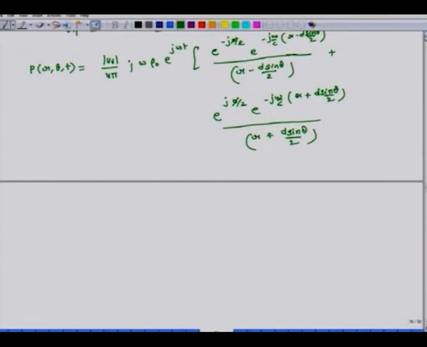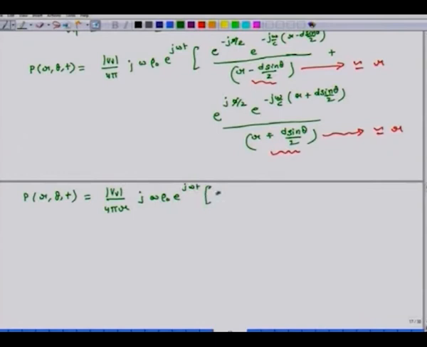One simplification is that this denominator is approximately equal to R. Similarly, this denominator is also approximately equal to R. So, what I get is P(R, theta, t) equals V v over 4 pi R times j omega rho naught e^(j omega t) times [e^(minus j phi over 2) e^(minus j omega over c times (R minus d sin theta over 2)) plus e^(j phi over 2) e^(minus j omega over c times (R plus d sin theta over 2))].